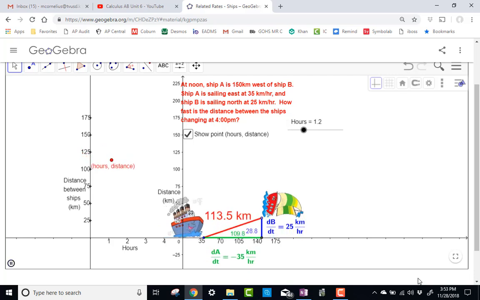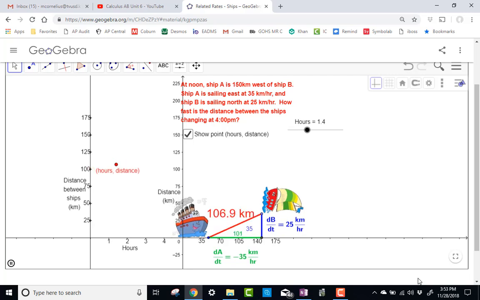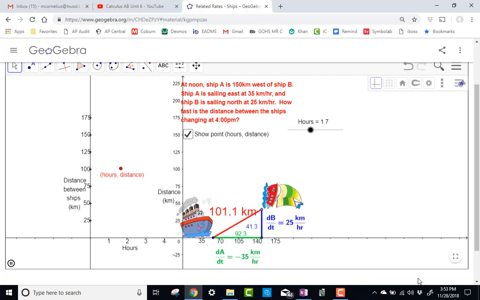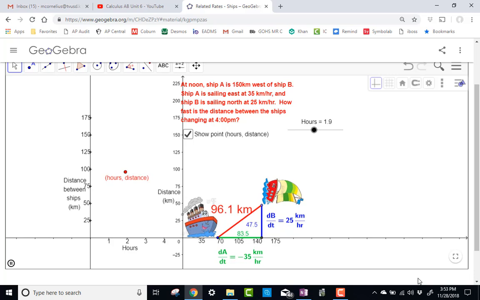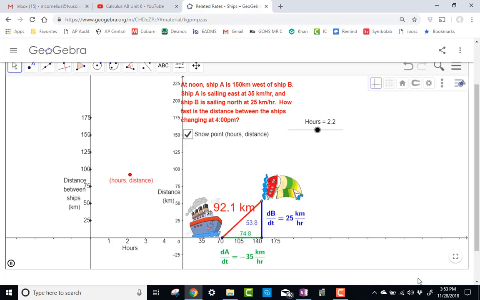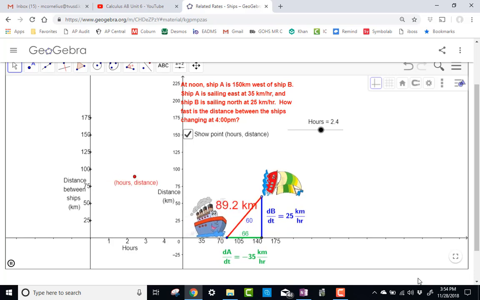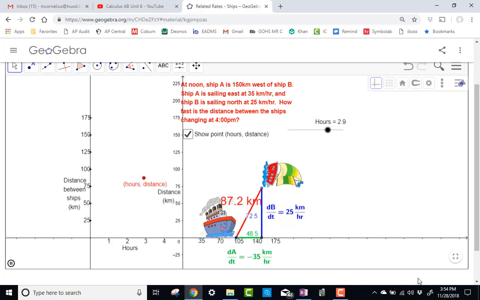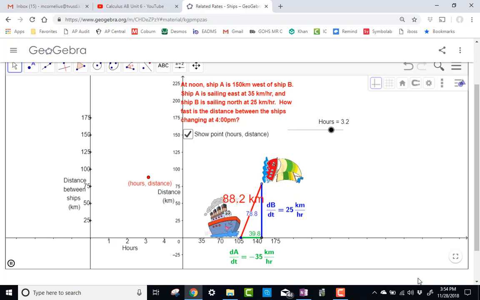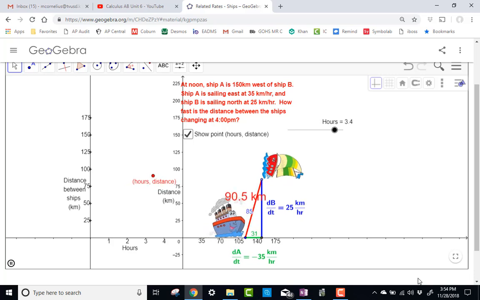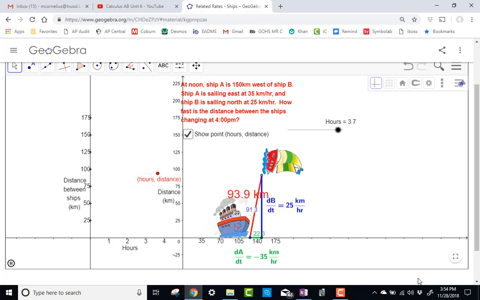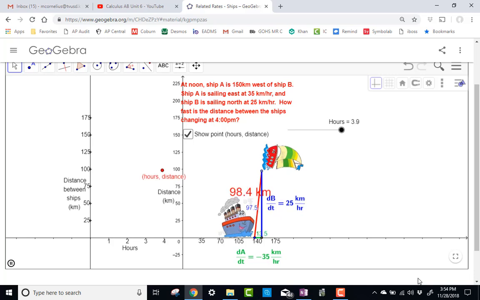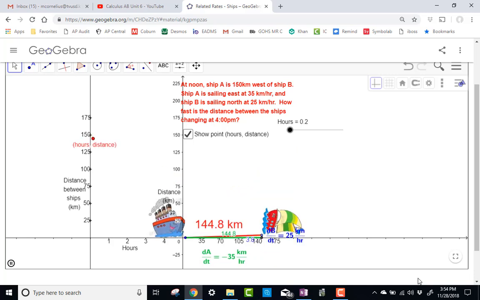Okay, and ship B is getting further away from that point. And if you notice, as ship A continues towards the west, ship B continues north. You can see the rates: 25 kilometers north, negative 35 kilometers to the east. That's because the distance is decreasing with the green line, but the blue line's increasing.